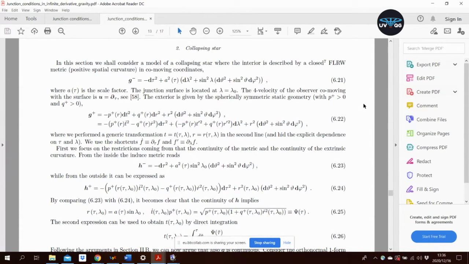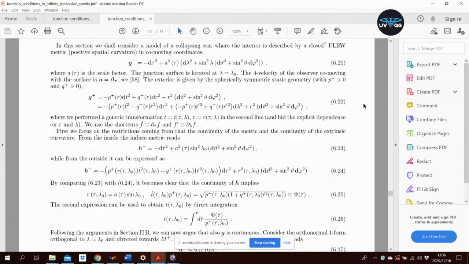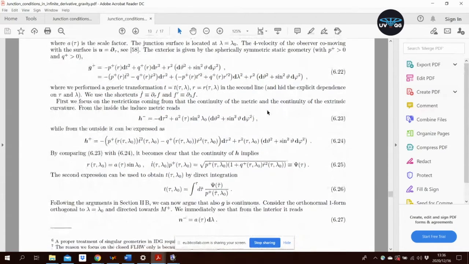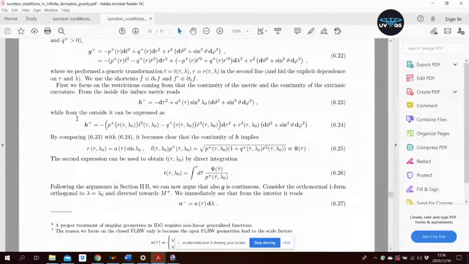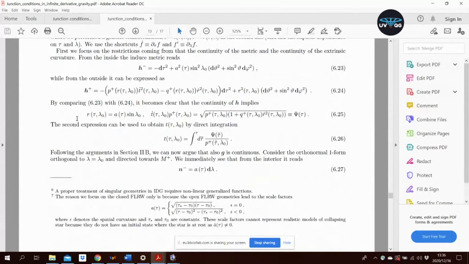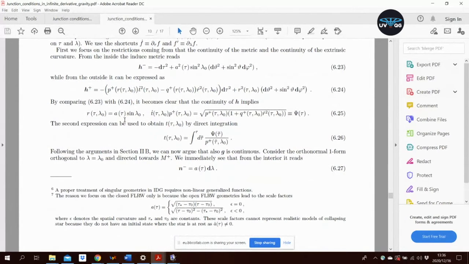And for the exterior, we assume again a spherically symmetric static geometry with vanishing Ricci scalar. The thing is that I have learned a lot about these collapsing stars with the junction conditions, because if you impose the continuity of this induced metric, you find that your radius is now dependent on the form factor.